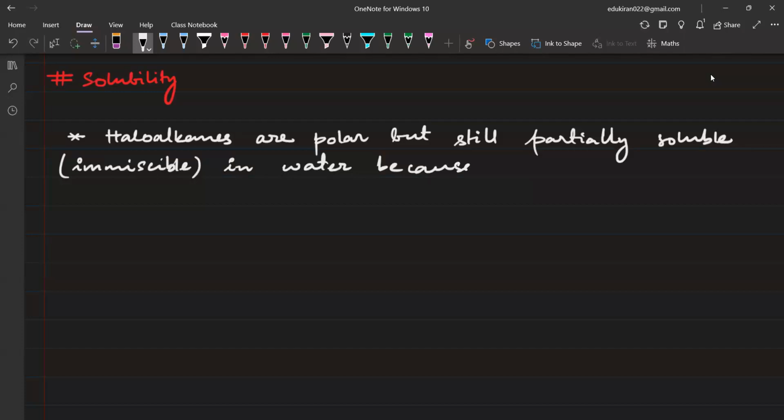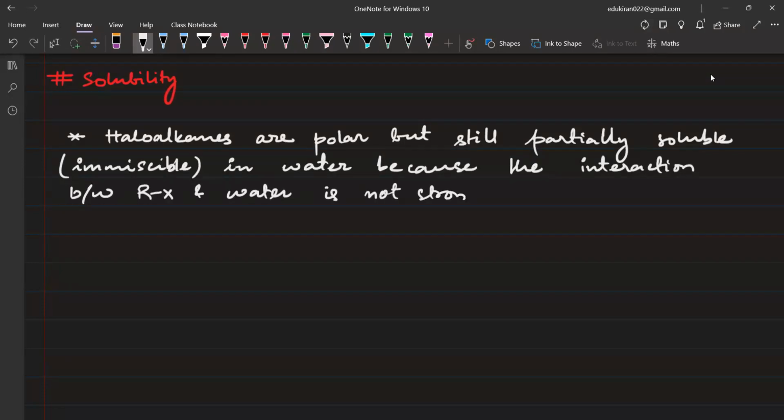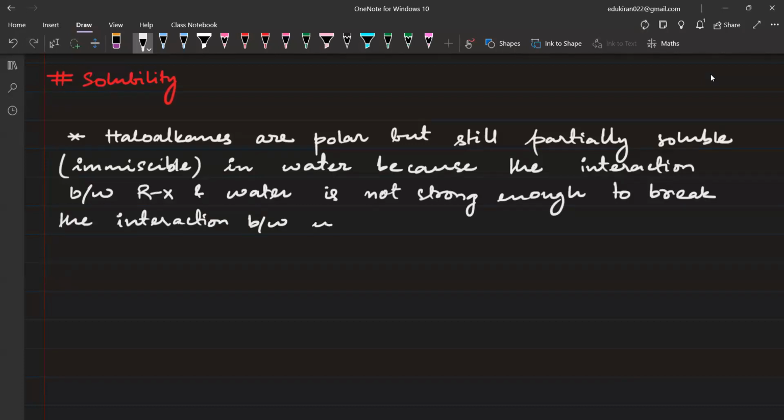Because the interaction between RX, that is haloalkane, and water is not strong enough to break the interaction between water molecules.